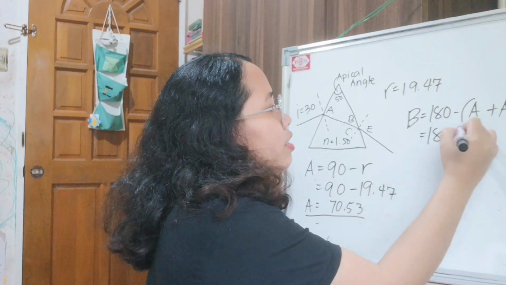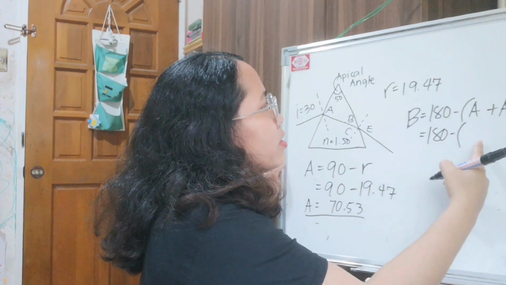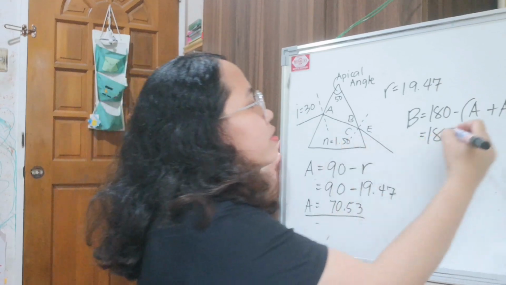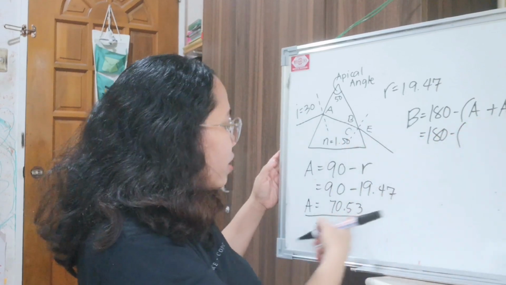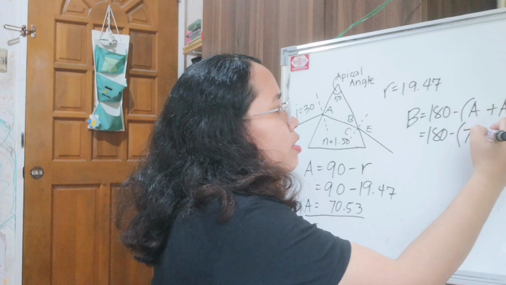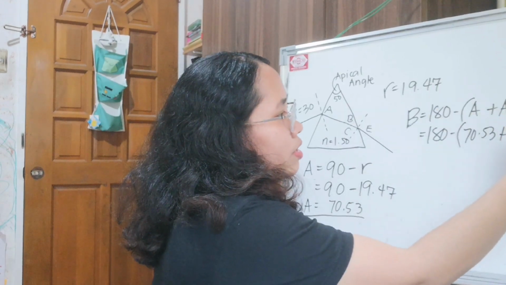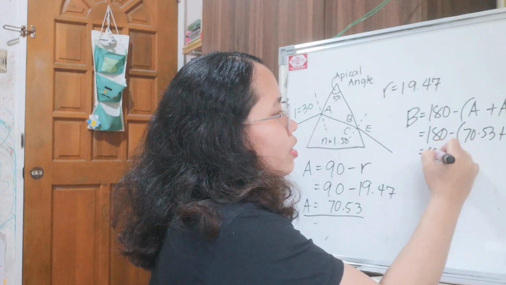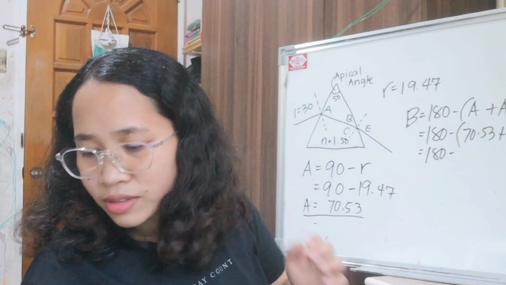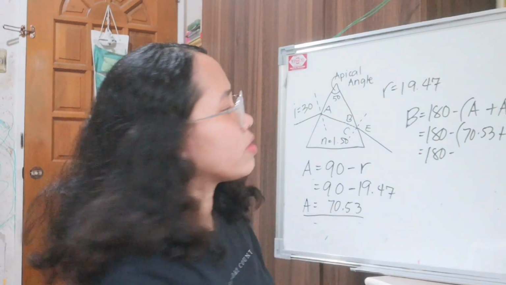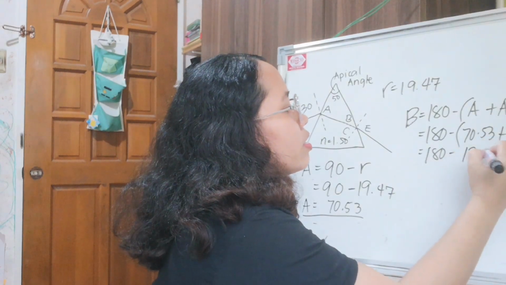So 180 minus the apical angle. The A is 70.53 plus the apical angle 50. So 180 minus, that's 120.53.